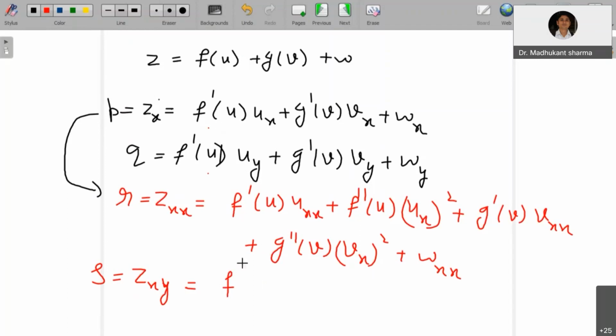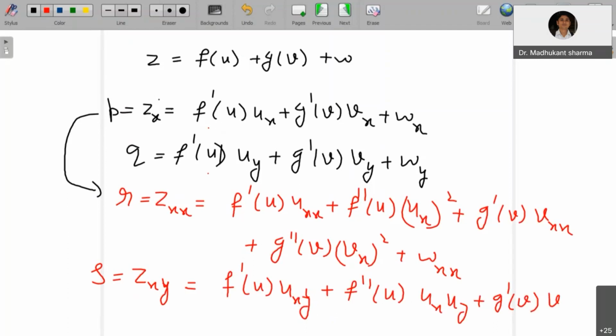You have f dash of u uxy plus f double dash of u ux into uy, plus similarly g dash of v vxy plus g double dash of v vx into vy plus wxy.